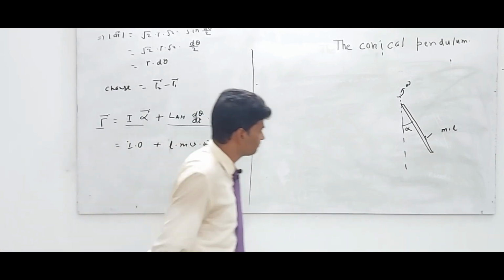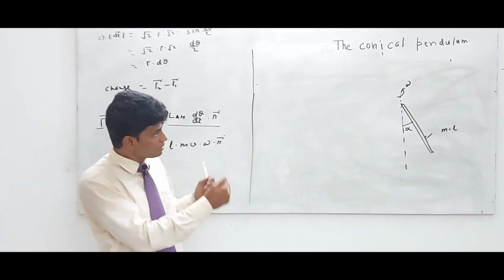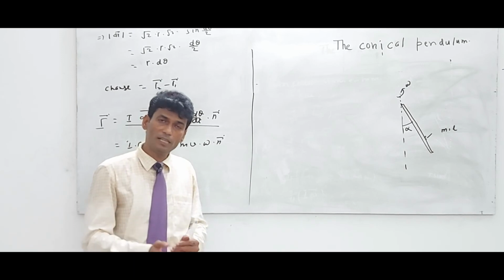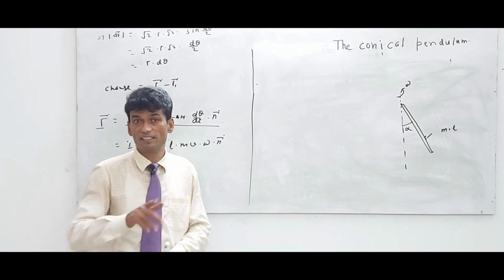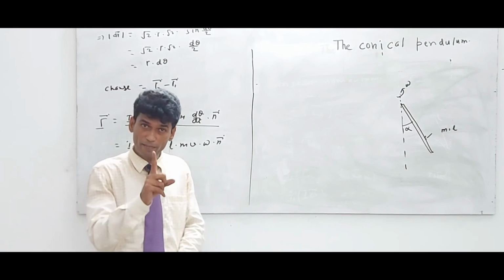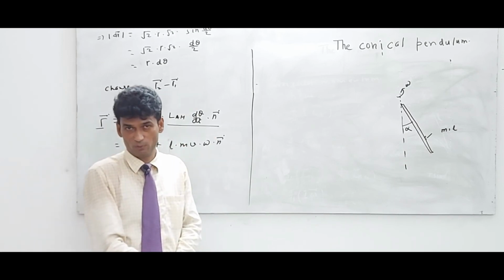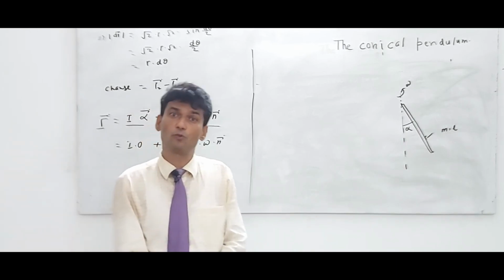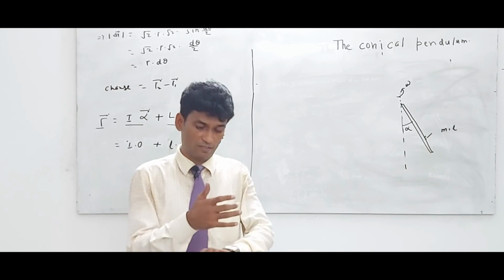So firstly, let us see, because the frame is rotatory, any rotating frame is non-inertial in character. So if the frame is non-inertial, then we have to think of pseudo forces or centrifugal forces.